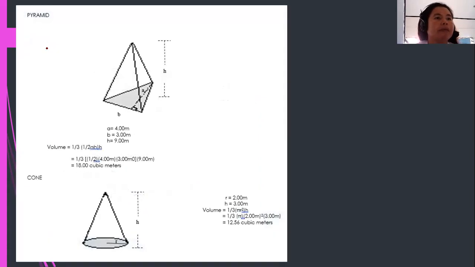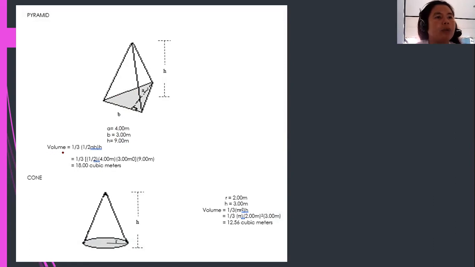Pyramid. So for the pyramid, we have A, 4 meters, the plane figures, B, 3 meters, and the height is 9 meters.